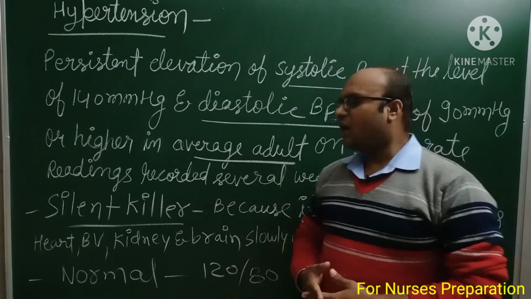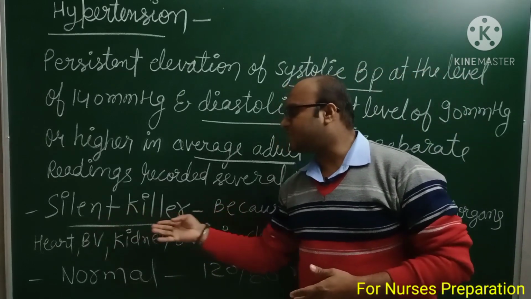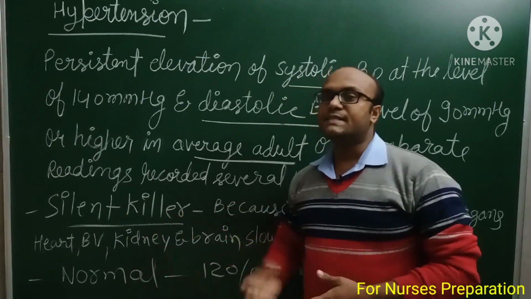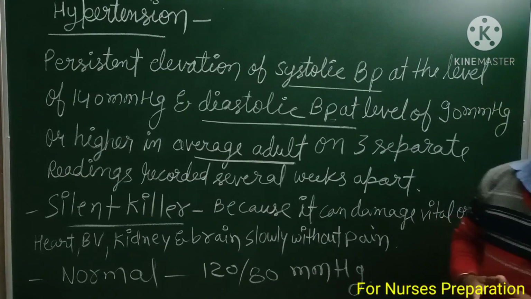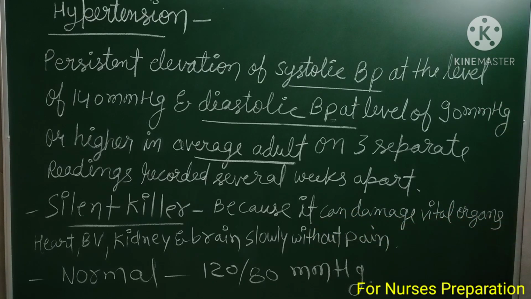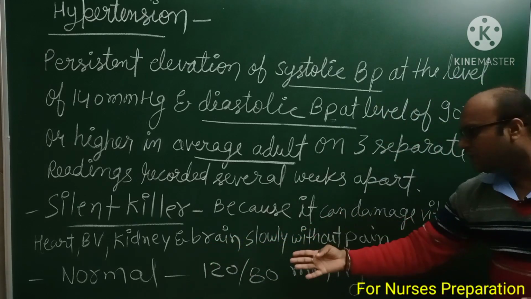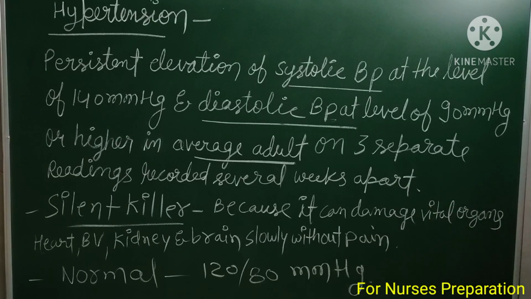Next point, hypertension is also known as silent killer disease because it can damage vital organs like heart, blood vessel, kidney and brain slowly without pain.